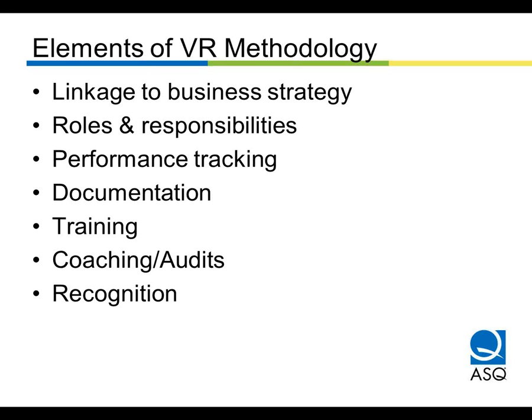First item that was deemed to be critical was the linkage to the business strategy. Second, roles and responsibilities. Third, performance tracking. Fourth, documentation. Fifth, training. Sixth, coaching and audits. Seventh was recognition.